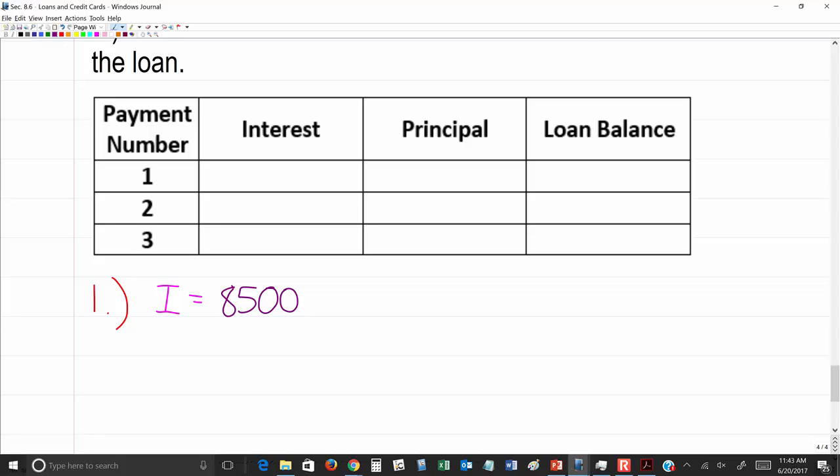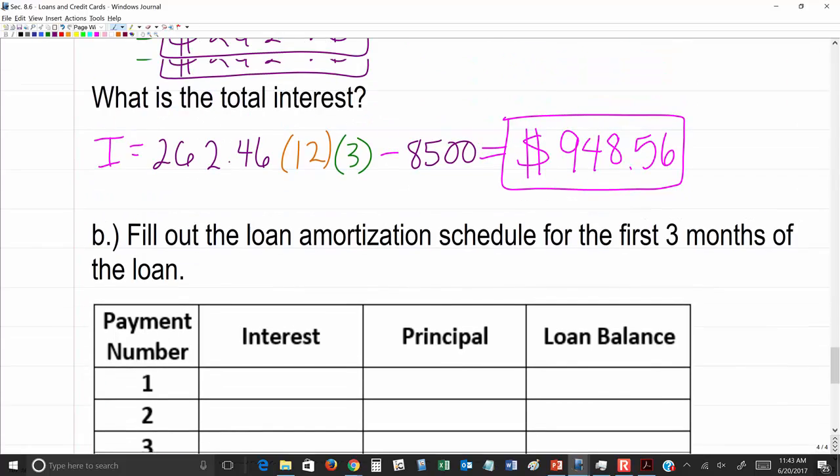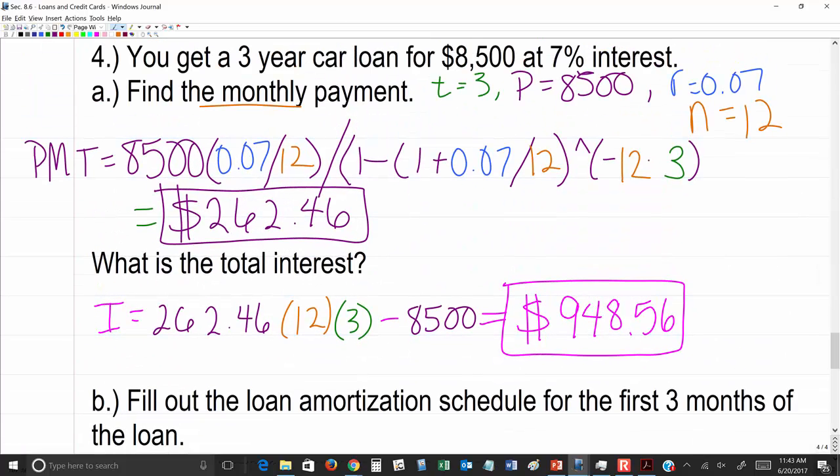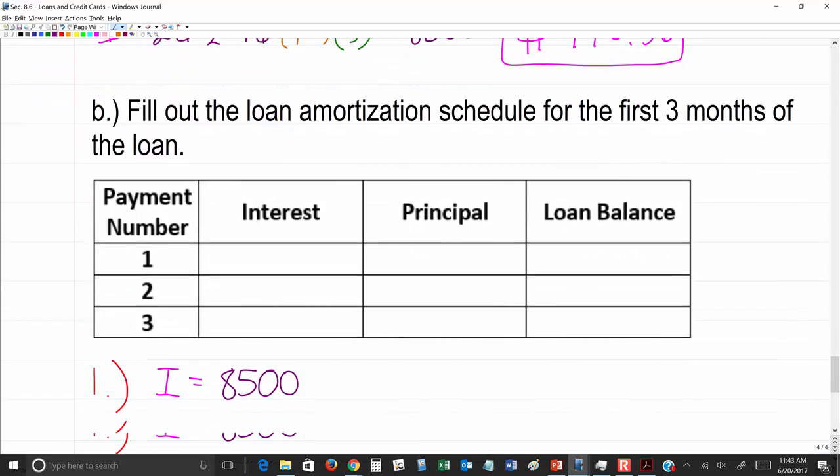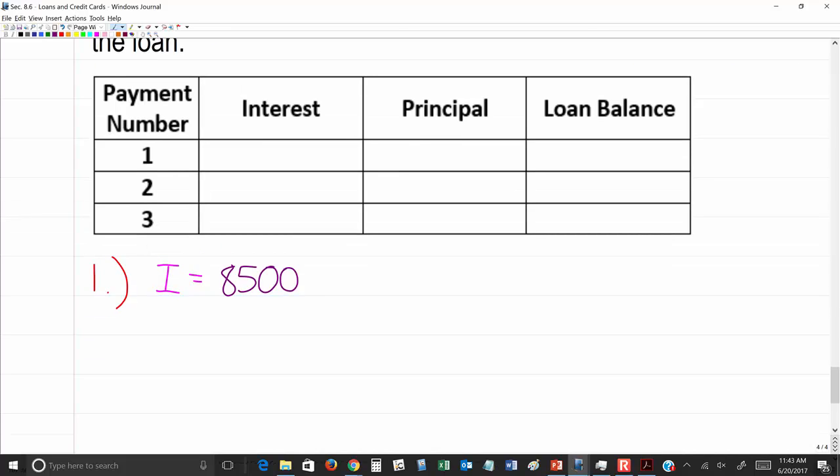I'm sorry, can you go back up to the answer for number 4? Okay. Thank you. Sure. So 8,500 times 0.07 over 12, and that's going to tell you the amount of interest that you're paying out of your first payment.